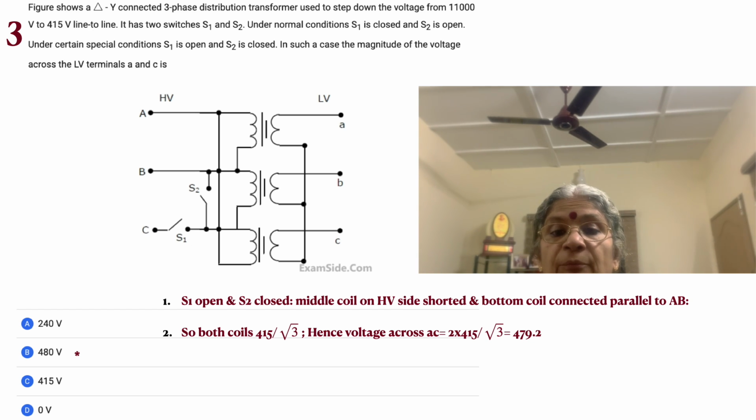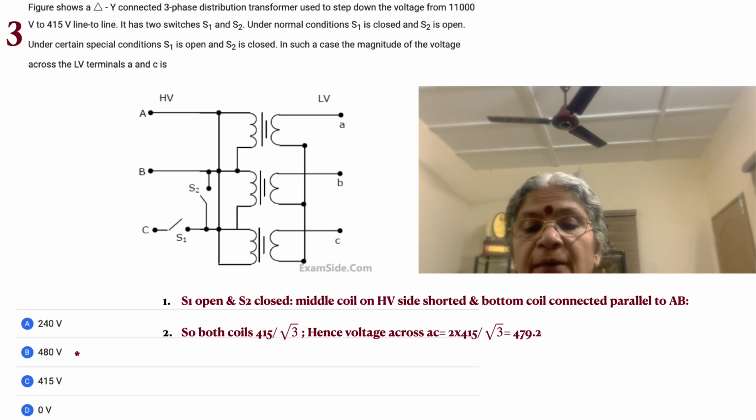But there are two of them, because they are in phase and they are using the same voltage for transformation. So the voltage across AC is equal to 2 into 415 by root 3, because 415 by root 3 is the phase voltage, but there are two of them because they are obtained from the same winding, that is from the same source, the same line voltage AB.